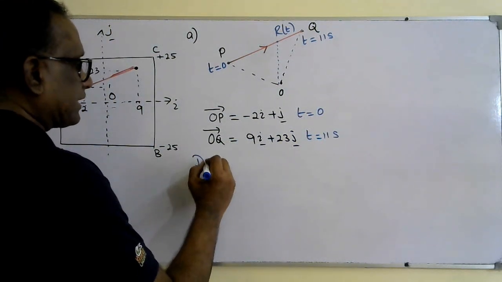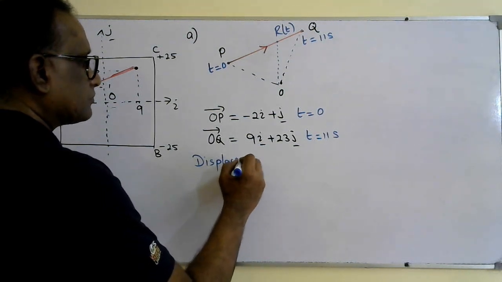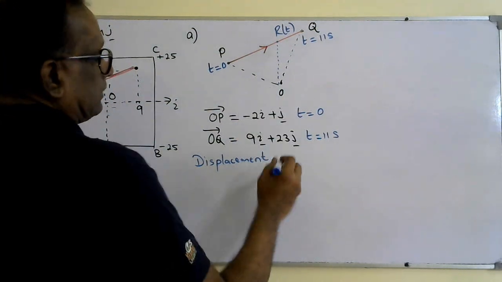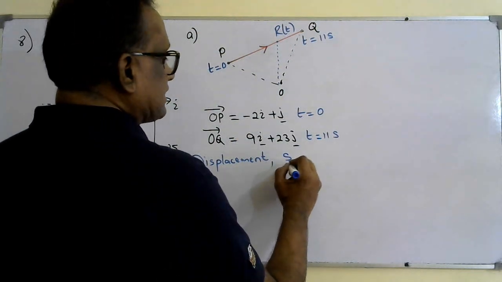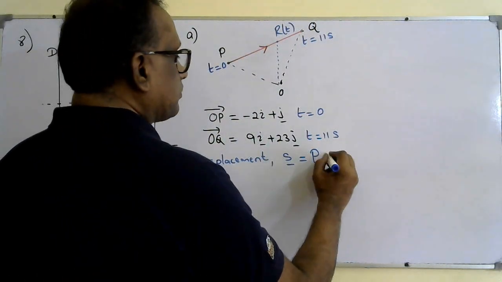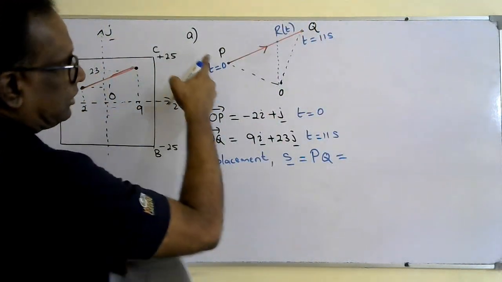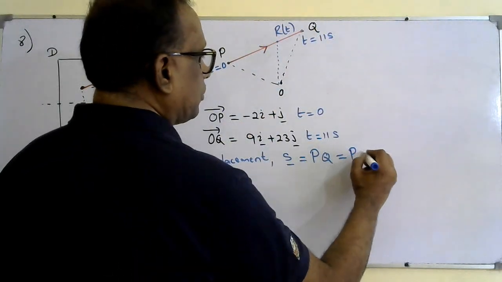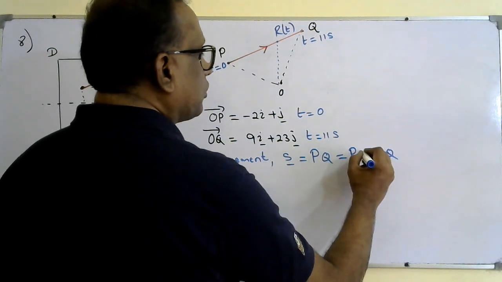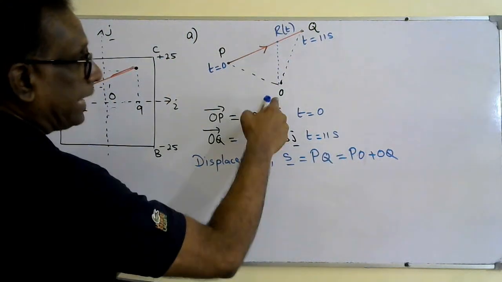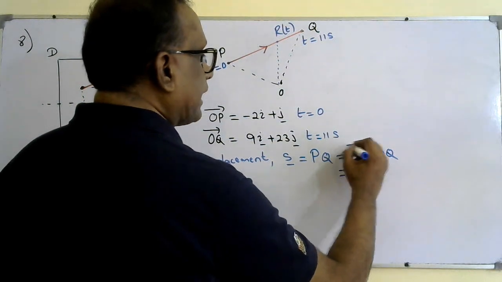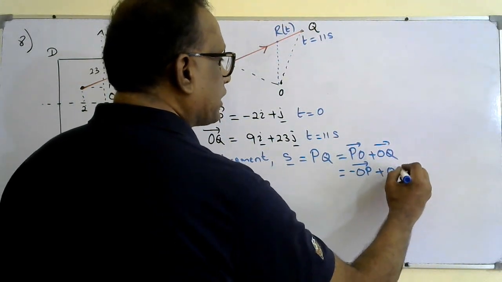So the displacement vector, let's say S, is going to be PQ. PQ is equal to PO plus OQ. What is PO?